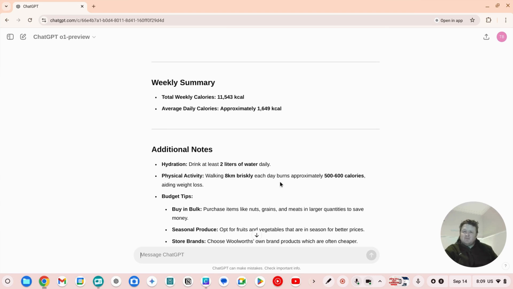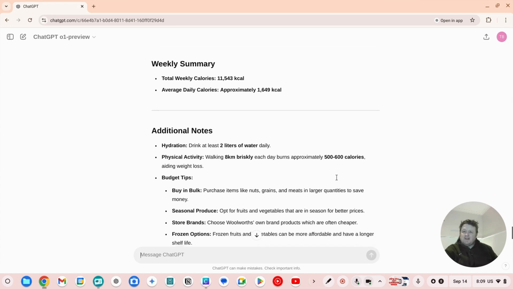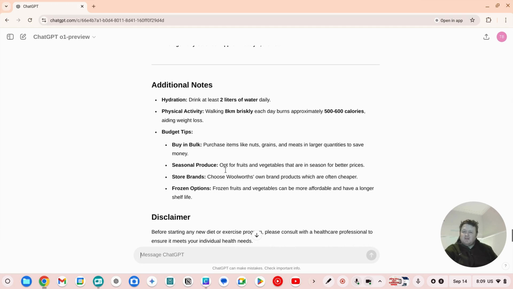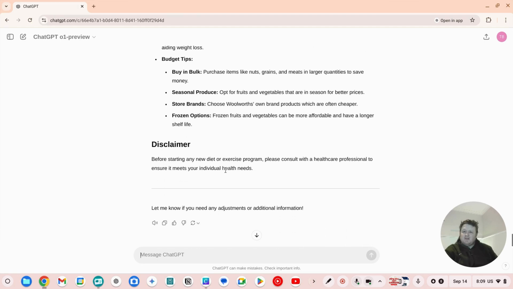Walking 8 kilometres will burn 500 to 600 calories. Buy in bulk. So let's say now, please write me the accompanying shopping list.